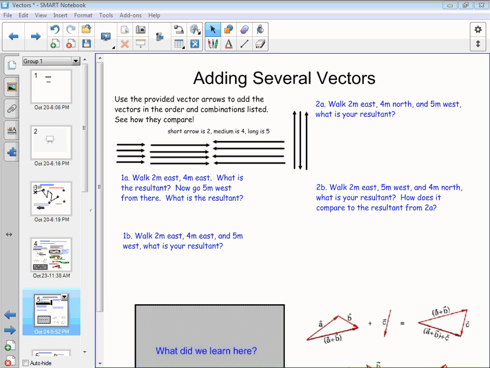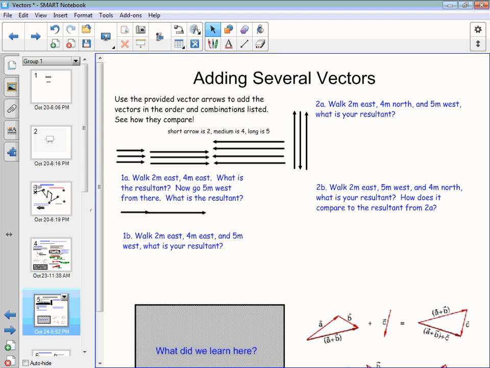Okay, so 1A. Does it matter which way? Just do that. Well, usually it'd say to the right is east. There we are. 2 meters east, and then 4 meters east.